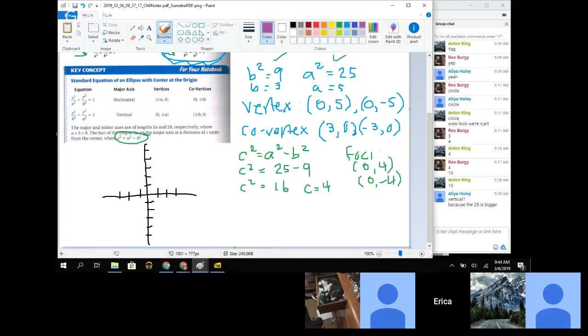You have a vertex at 0, 5, and 0, -5. This is your major axis right here. You have your co-vertices at 3 and -3. And you have your focus points at, I'll put them here in green, 0, 4, and 0, -4. So if you go to draw your ellipse, you're going to basically connect the dots of your vertices and co-vertices, and you're going to get a nice ellipse that looks something like that, right? Nice egg.